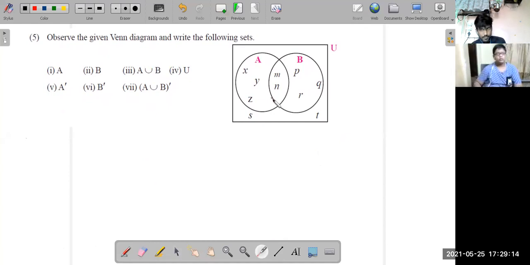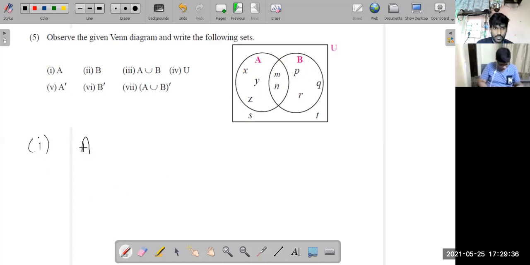Look carefully. This is a universal set, and these are all the elements in the universal set. This is set A, set B, this is the intersection, and clearly you can see what is in the union also.